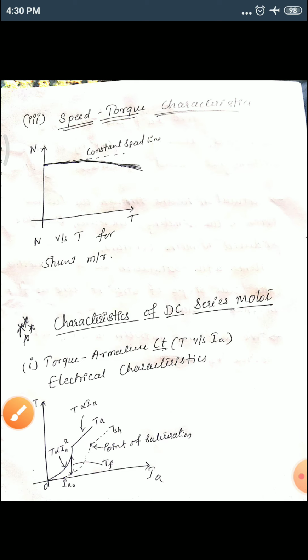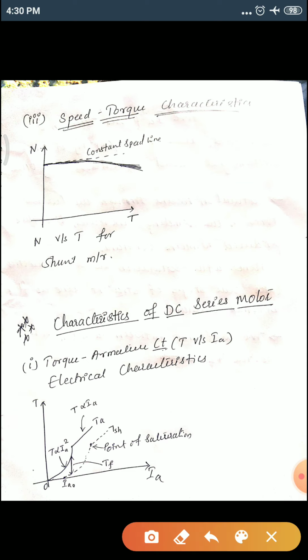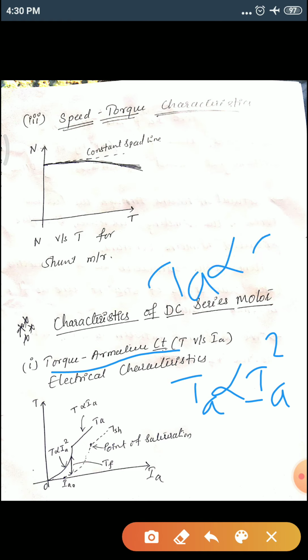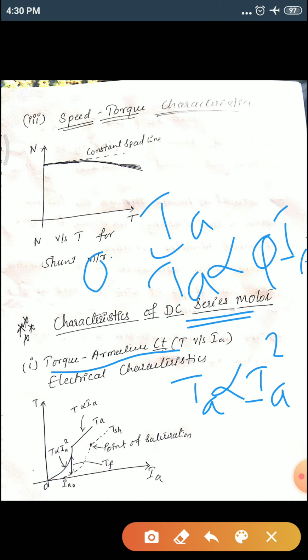Okay, and then we'll move to DC series motor. You just observe the formulas of DC series motor. For torque and armature current, torque is proportional to IA square, from the formula TA is proportional to phi into IA. In the series motor, the flux is proportional to IA, therefore it will be IA square.